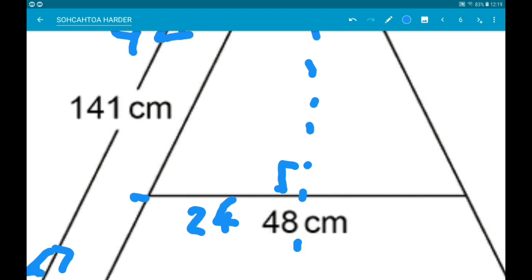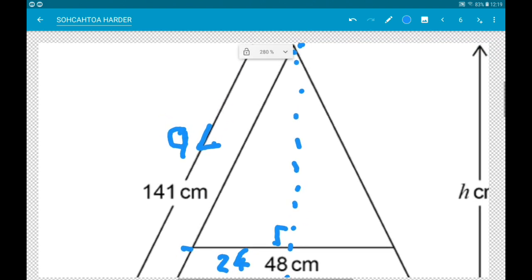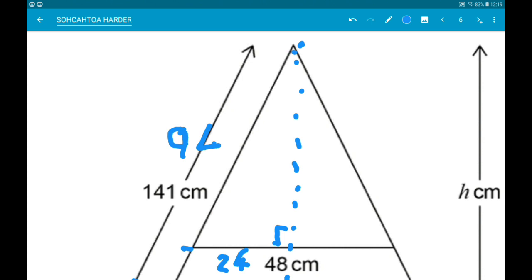Okay, so now we've made ourselves a right angled triangle where we know two lengths. What that's going to allow us to do is find that angle there. So let's call him theta.